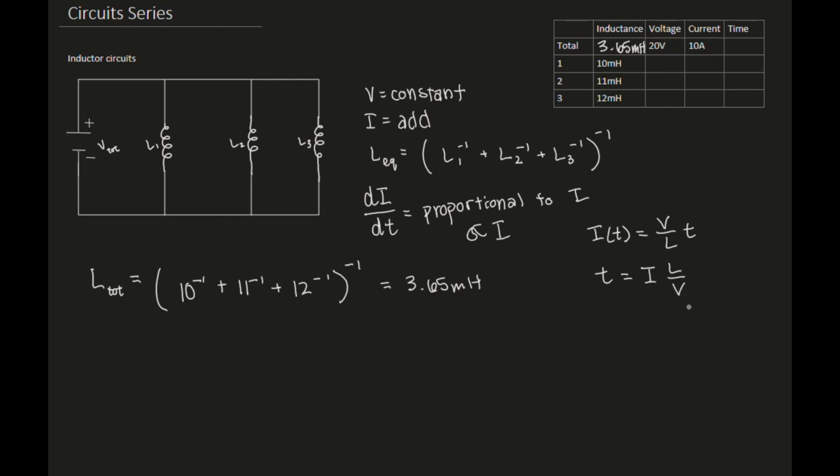We can plug this in to find the time it's going to take to get to 10 amps. So it's going to equal 10 amps times our inductance of 3.65 times 10 to the -3. Here's where I need to convert to henries. And that's divided by 20 volts. So my time is equal to 1.8 milliseconds.